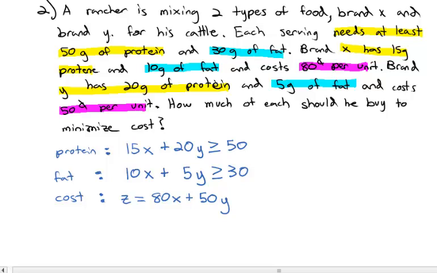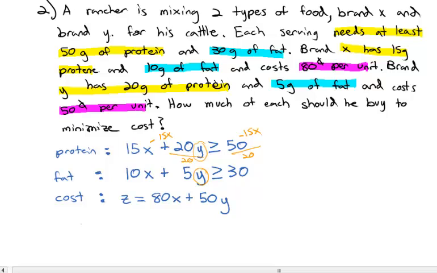Let's go ahead and solve these for Y, just because we're used to solving for Y. So we get Y equals mx plus b form. It's going to be a little bit more work. Let's see, if we subtract 15x from both sides, since we should be really good at solving by now, I'm going to kind of cheat and divide by 20, right?